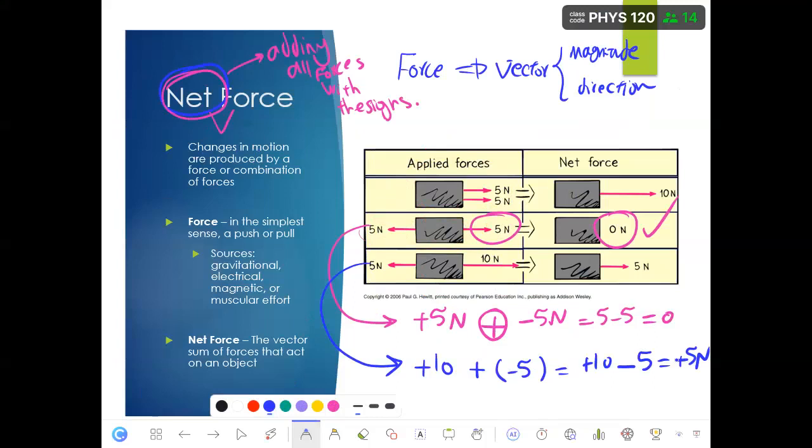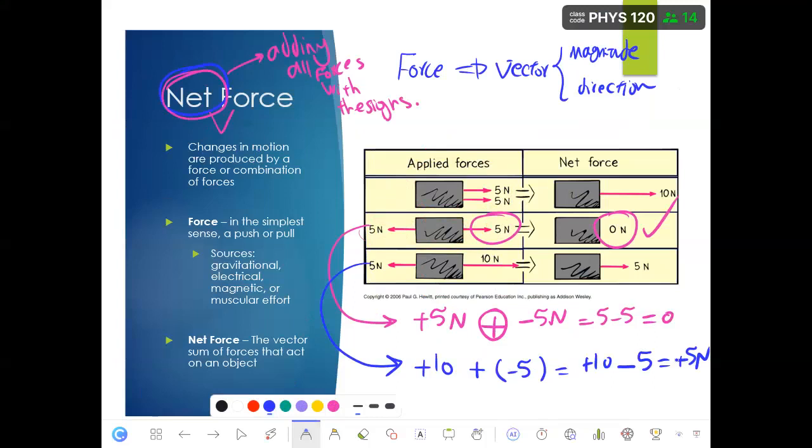Good. Why are we trying to calculate the net force? You remember Newton's first law and second law? The first law is telling that the net force is zero, or there is no force, or there are forces and these forces cancel each other. So it is very important if you are analyzing a motion of a particle or moving object. First of all, you need to identify forces and add these forces.